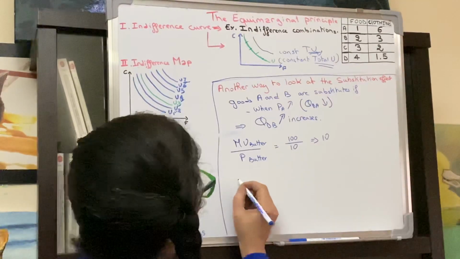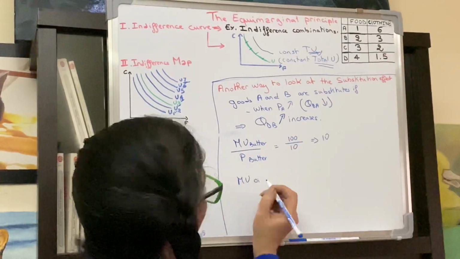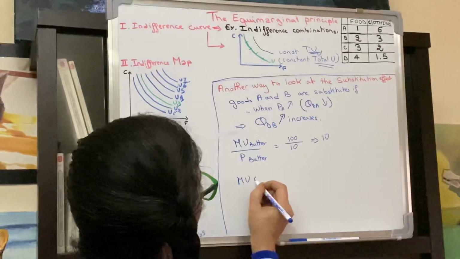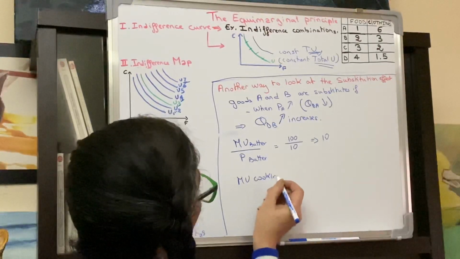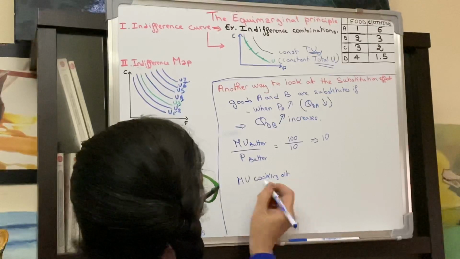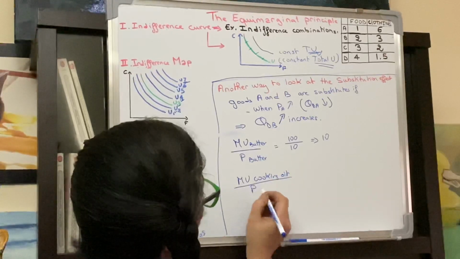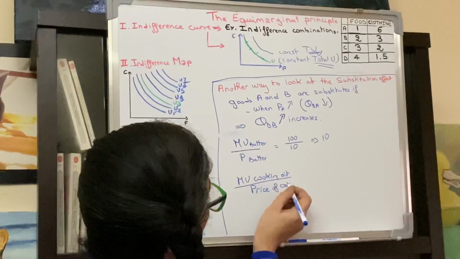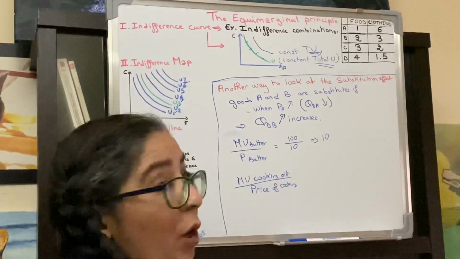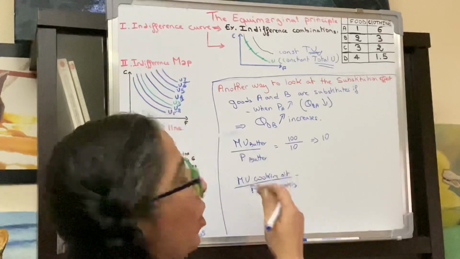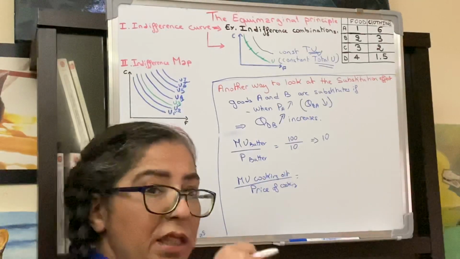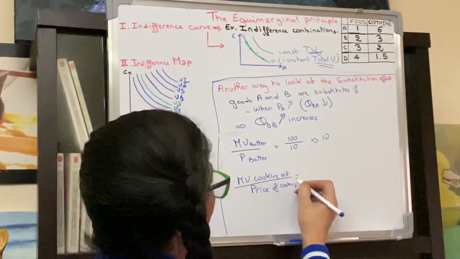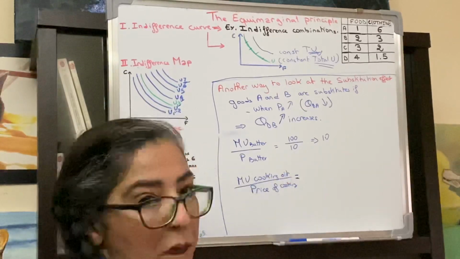Now I'm going to move to the marginal utility of cooking oil over the price of cooking oil. Of course, marginal utility is not constant, it decreases, but for now we're just going to do it with these two numbers.